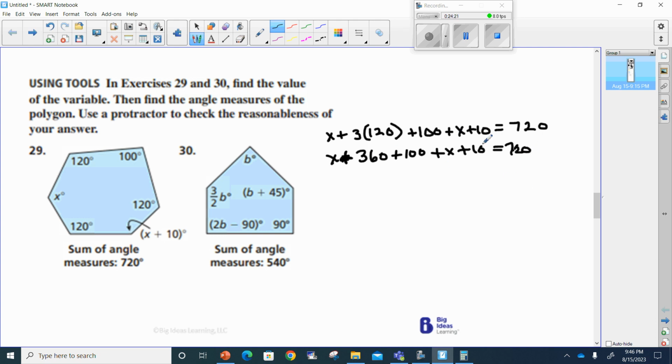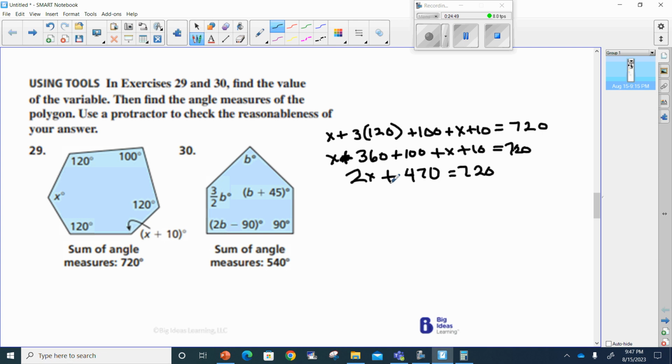Now I can combine all my like terms. I've got x here and x here, so that makes 2x. I've got 360 and 100, that's 460, plus 10 makes 470. And again, this should be a plus sign. And that's got to equal 720.